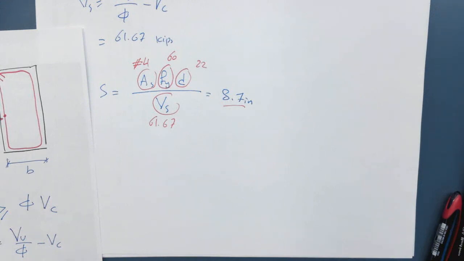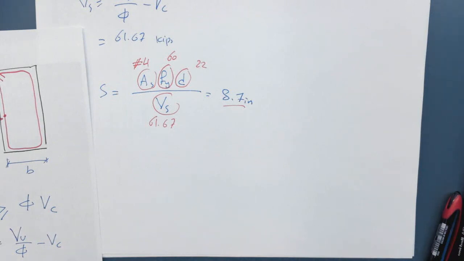And if I go forward all the way, you will find that you are less than 4 times square root of f'c bw d, which means that your spacing should not exceed d over 2 or 24 inches, which is 11.2. But you are 8.7, so you are not exceeding the maximum spacing. So the one you're going to pick from here is the 8.5, which is closest to 8.7.